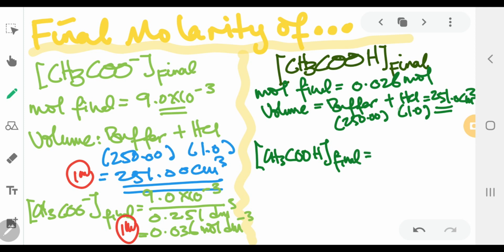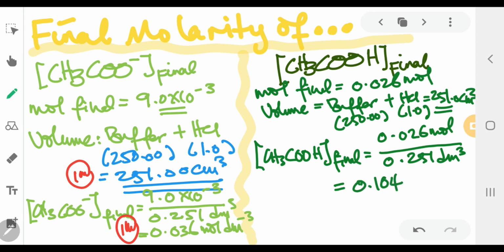for the weak acid, and that should be 0.026 mole over 0.251 decimeter cubic, and the molarity is 0.104 mole per decimeter cubic.